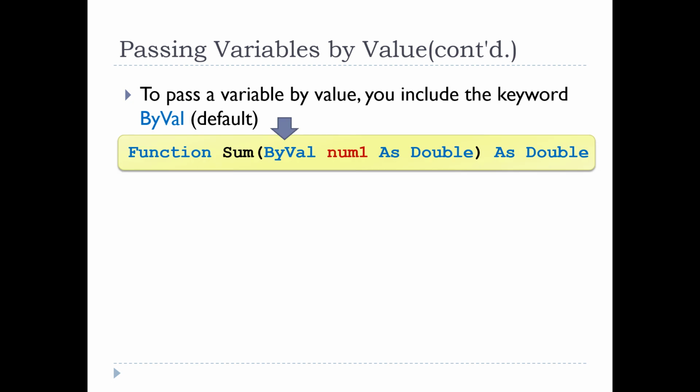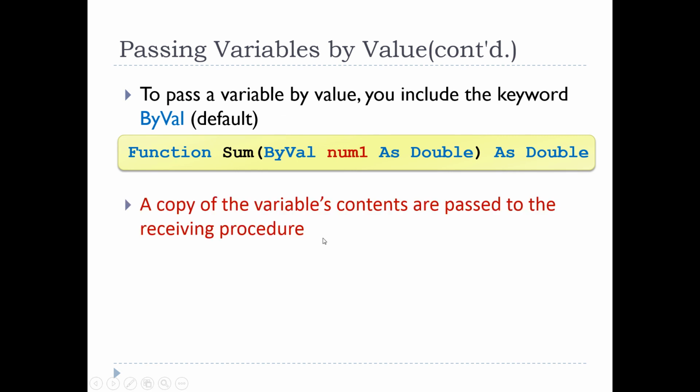So by default, all the values are passed to a function or a subroutine by value only. The keyword ByVal here, again, is the default. I think it's optional now, but by value is the default.